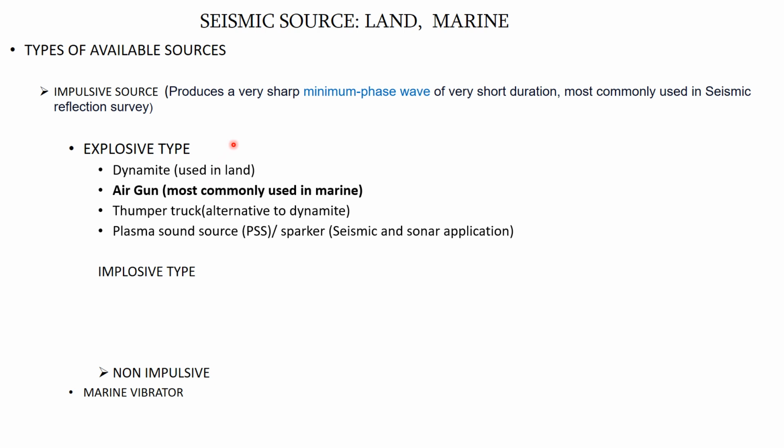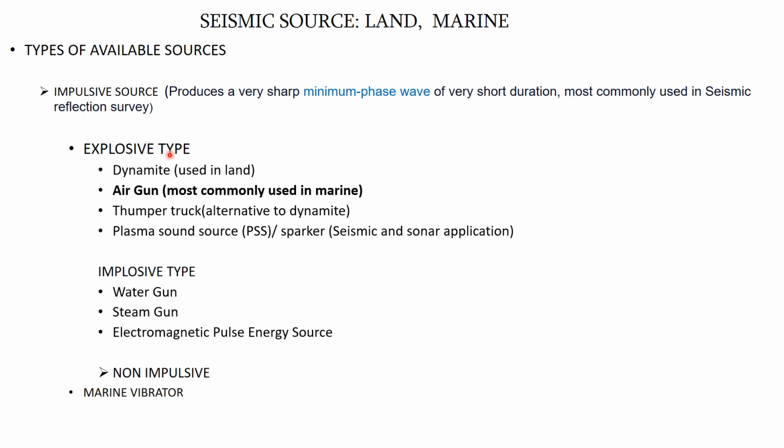In my last lecture I also discussed what type of sources are generally used. Still, I am discussing: there are impulsive sources and non-impulsive sources. The impulsive source is like a direct delta function and produces a very sharp minimum phase wave of short duration. Generally we use it in seismic reflection surveying.